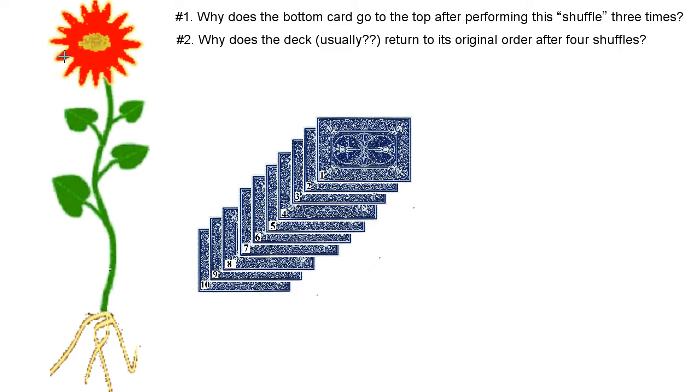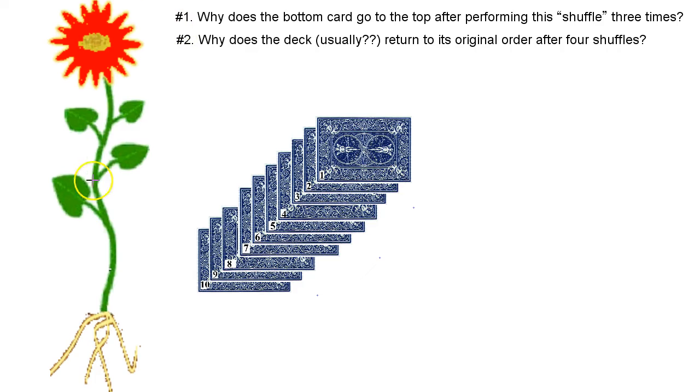So the idea is that these correspond to different positions in the deck. And then by looking at these different positions and seeing how they get affected by this shuffle, it should actually answer the questions. I'm going to actually answer the second question first, and then it turns out the answer to the first question follows as a corollary.